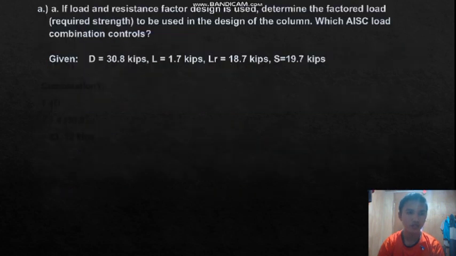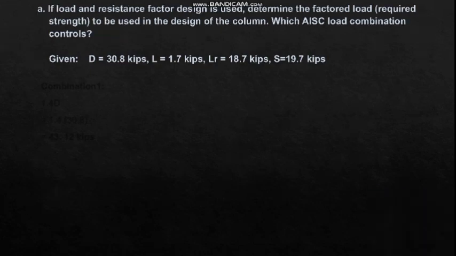First is letter A. If load and resistance factor design is used, determine the factored load or the required strength to be used in the design of the column. Which AISC load combination controls?